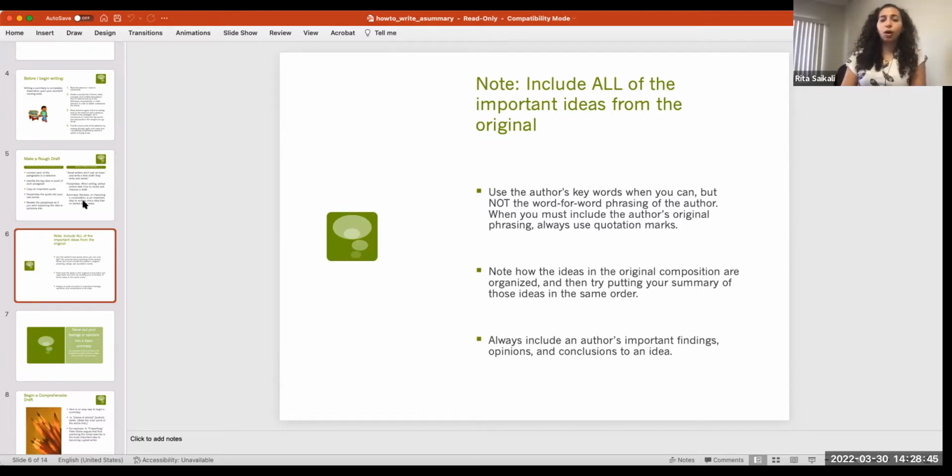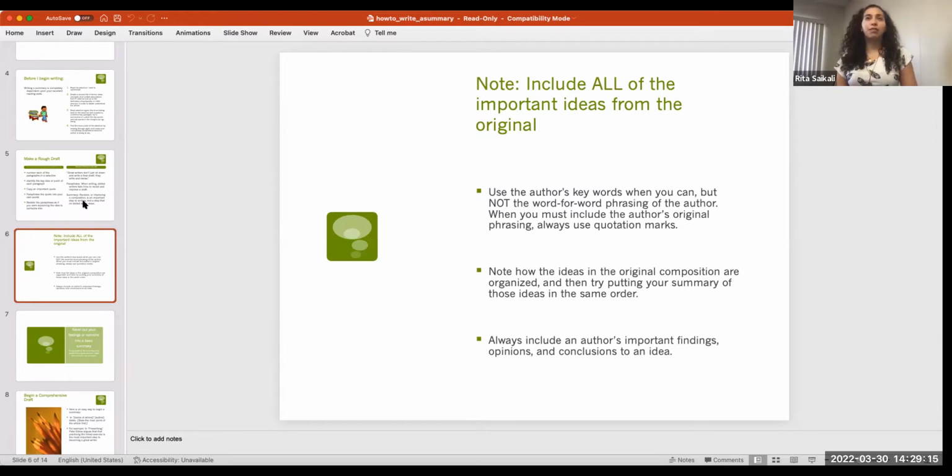Okay, so note how the ideas in the original composition are organized. Then try putting your summary of those ideas in the same order. So look at how the paragraph or how the story or the article is written and what is the order of events that happen, right? So number 1, number 2, number 3, number 4, and put those into the summary in the same order.